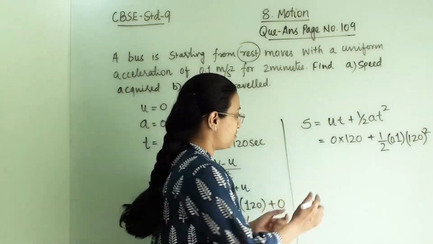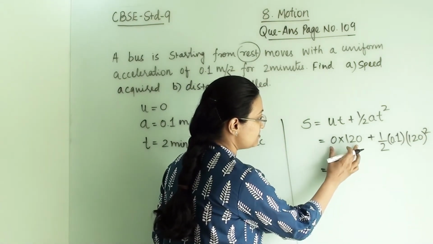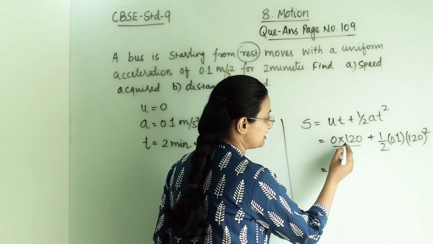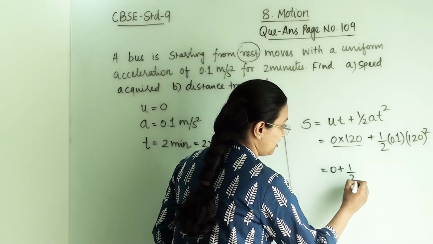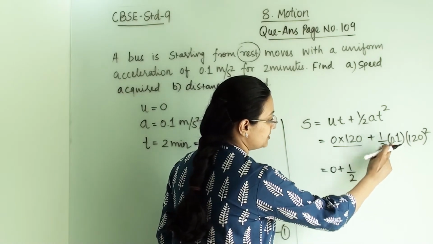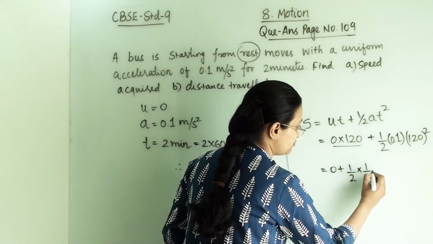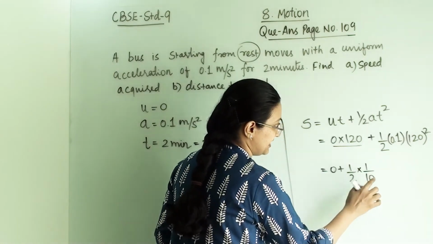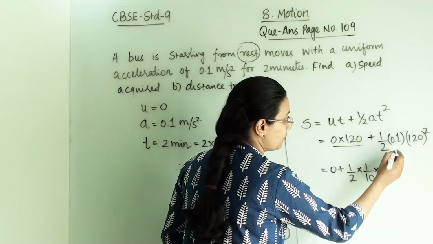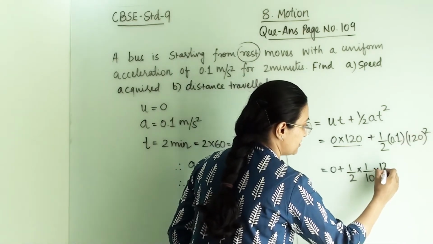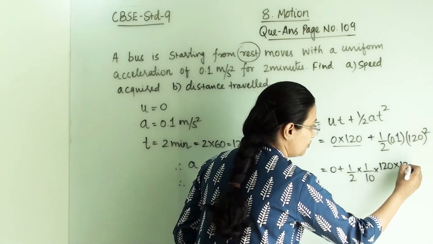Once we solve this, the first term is going to be 0 because it is in multiplication with 0. So 0 plus half into 0.1, so it is going to be 1 by 10. Then 120 square, so it is 120 into 120.